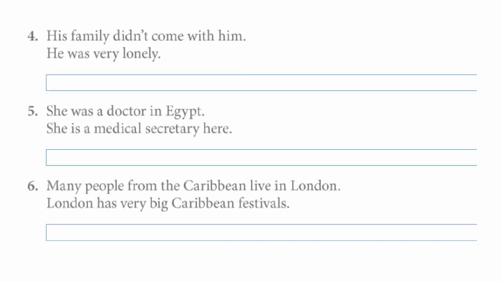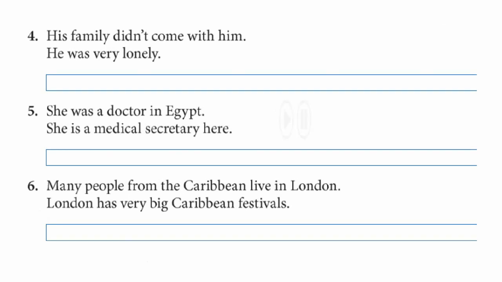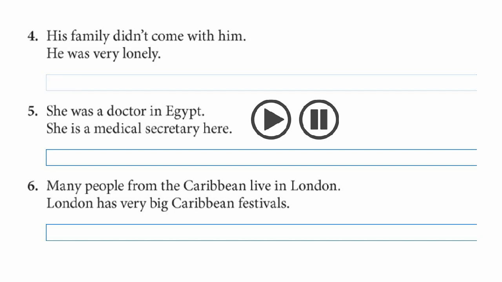Okay, let's go to part 2 of this exercise. Also here, I want to ask you to pause the video and to answer these questions. Okay, I'll give you the answers.